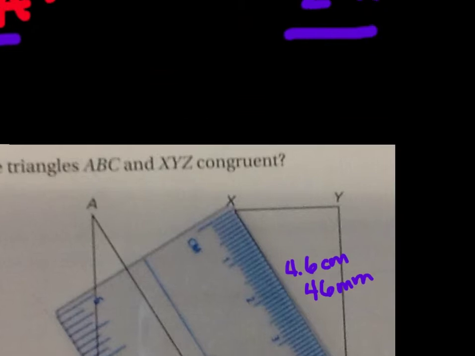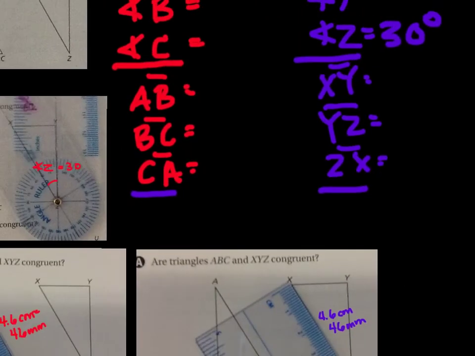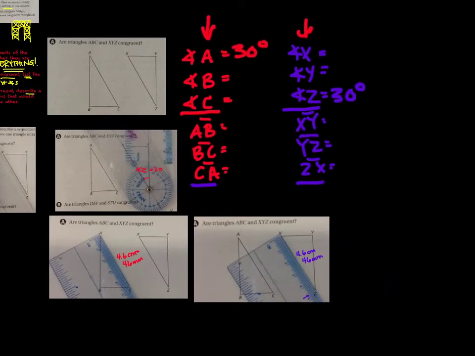So now we're going to add that to our table of values. CA was 46 millimeters, and XZ is 46 millimeters.